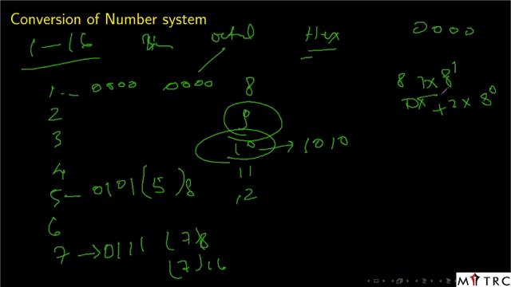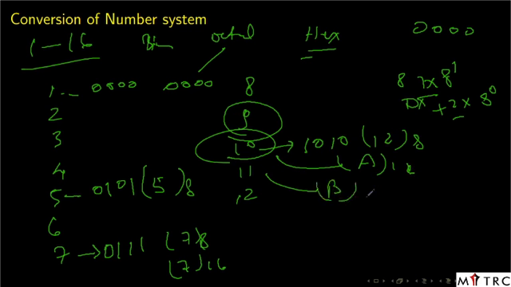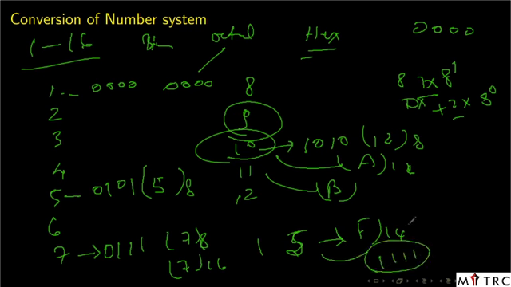So 1 and 2 will be its octal representation, and its hexadecimal for 10 is A, for 11 it is B, and so on. So 15 in hexadecimal is F, and its binary equivalent is 1111. So you should make this table and always remember the binary, octal and hexadecimal representations of 1 to 16.